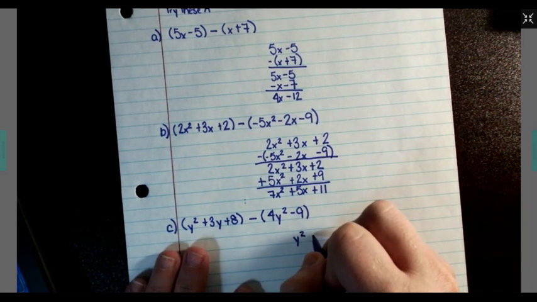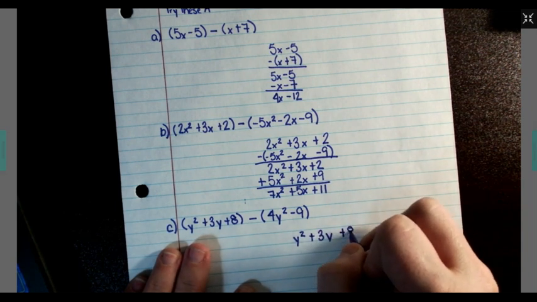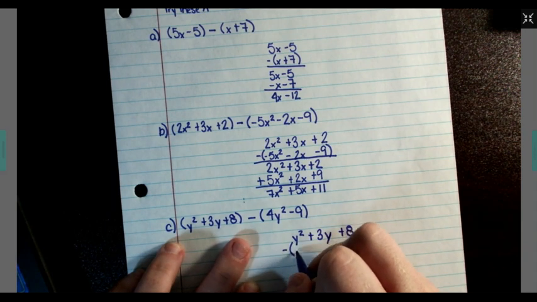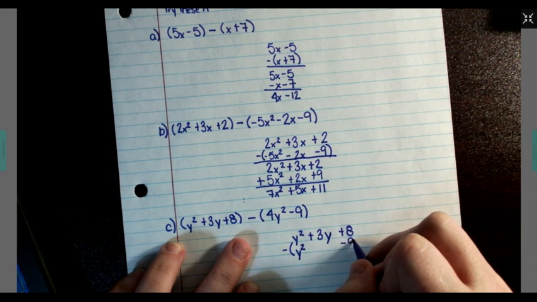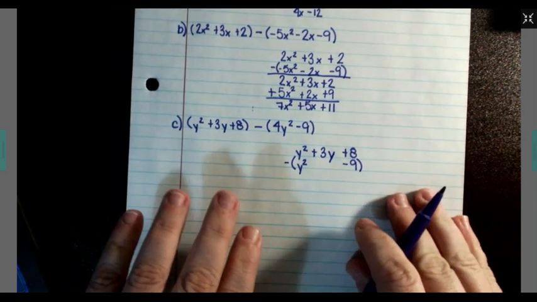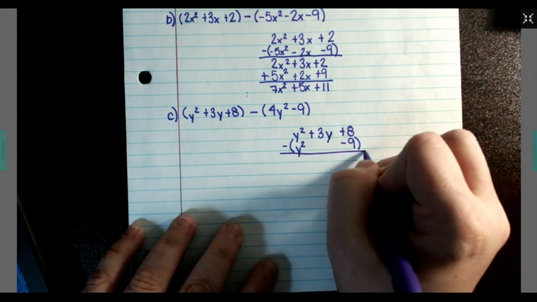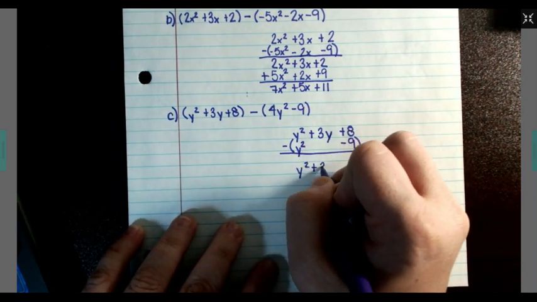I've got y squared plus 3y plus 8. Here we're going to have minus y squared. And notice I'm going to put this minus 9 all the way over here because I'm stacking like terms. Bring down my first expression exactly like it's written.